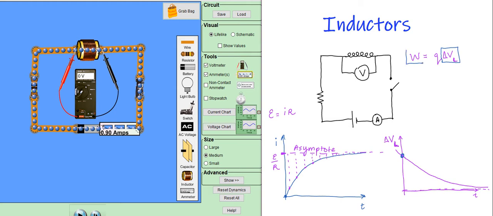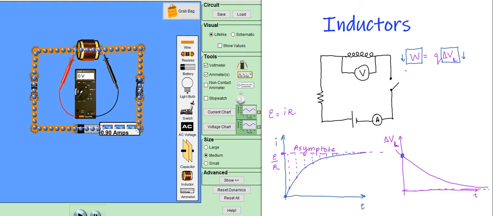So we were experiencing some work here. The inductor was doing negative work on these charges because we can see that the charges are being stalled from what the battery is pushing them to achieve, right?